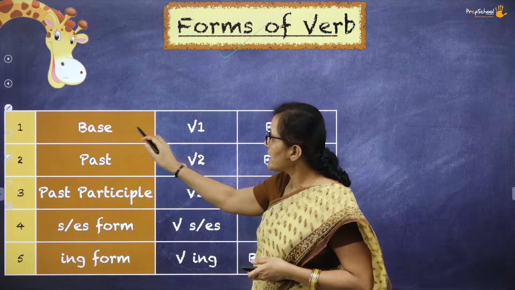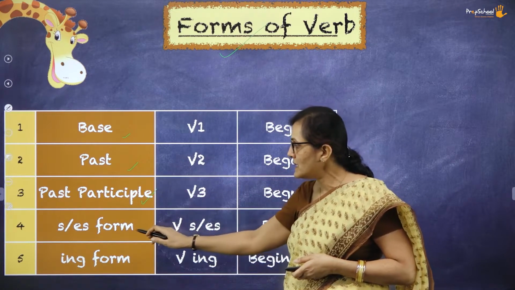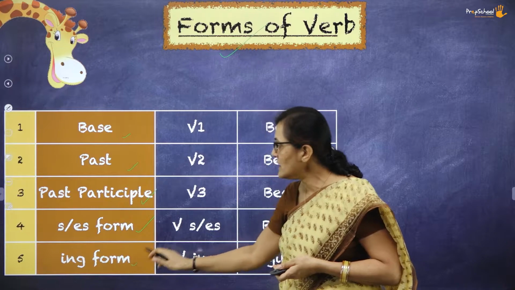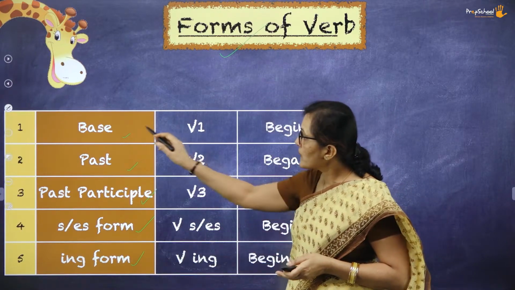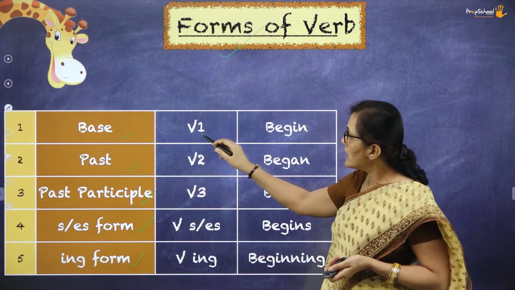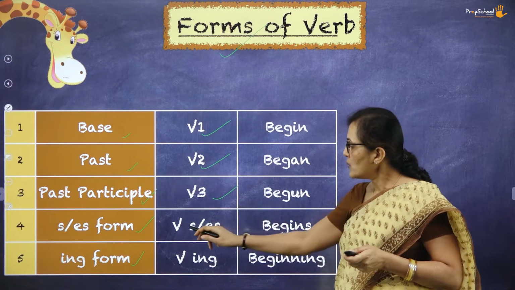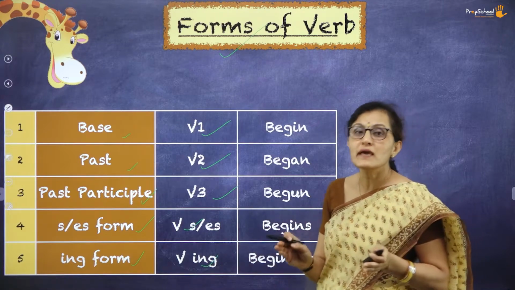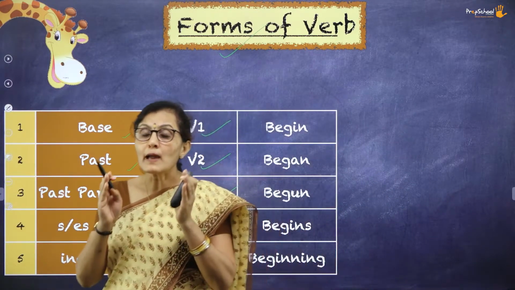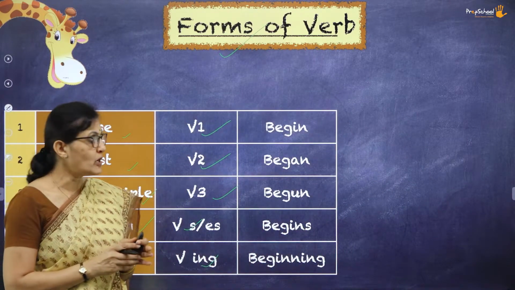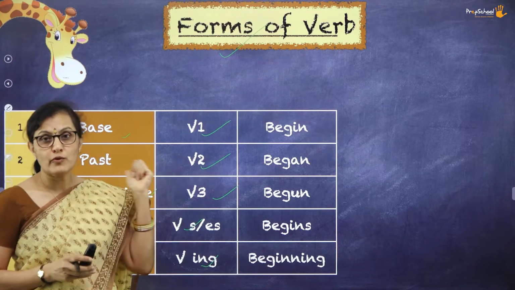They are base, past, past participle, then the S form and the ing form. Now we call these verb form 1, verb form 2, V3, VS and V ing. When you are applying them to the tenses as a formula, they are shortened like this.